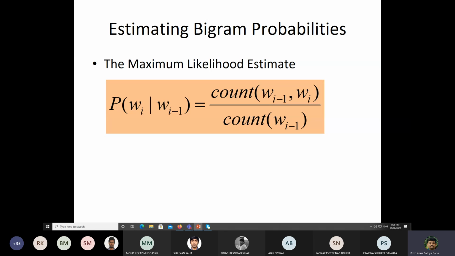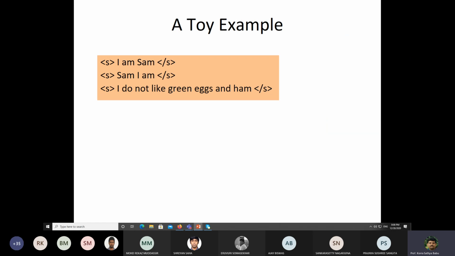Let's give a small example here. Suppose in a small corpus, the start of the sentence is marked <s> and the end of the sentence is marked </s>, similar to how you write it in HTML code.